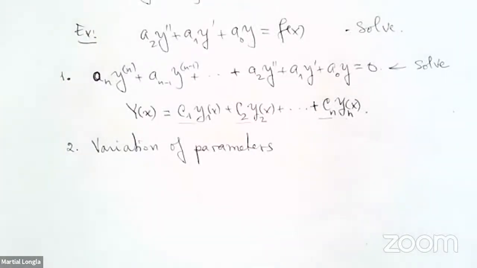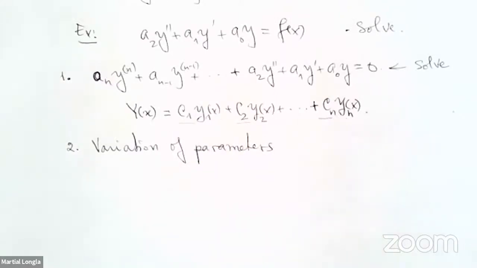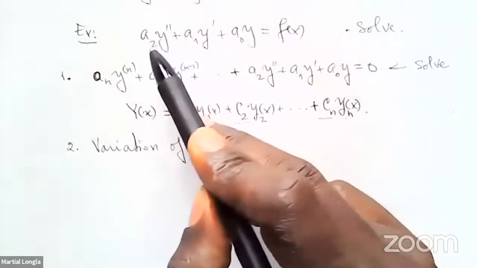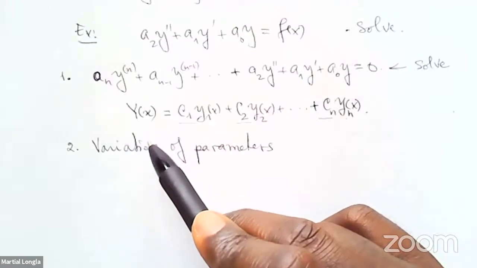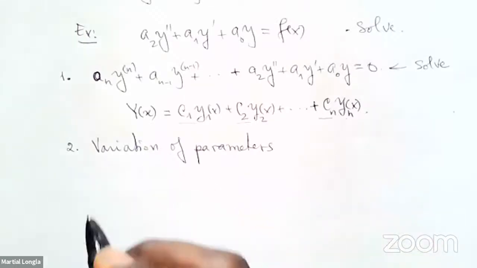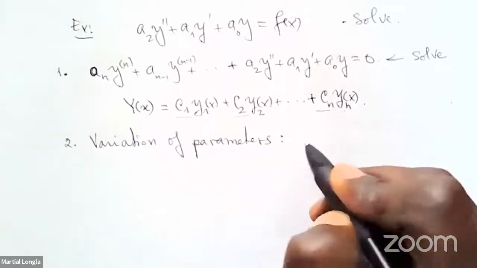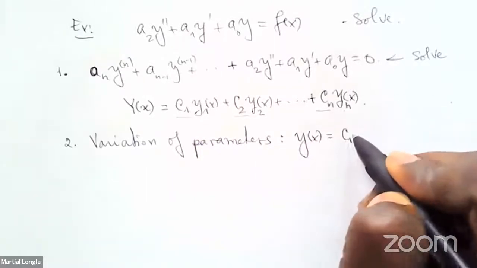So we think, using the ideas that we had for reduction of order, that if we make these coefficients functions and then take their derivatives and plug into that equation, we might end up finding a solution of the original problem. So we do variation of parameters and we use y(x) = c1(x) y1(x) + c2(x) y2(x) and so on till cn(x) yn(x).